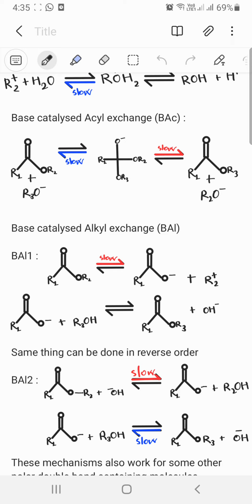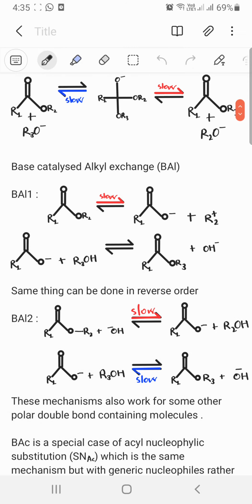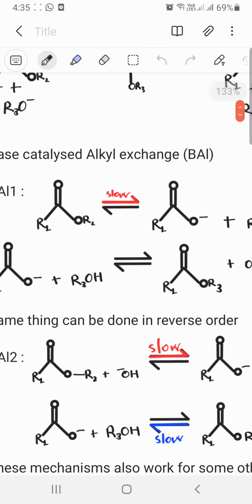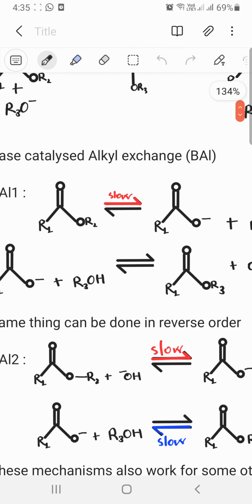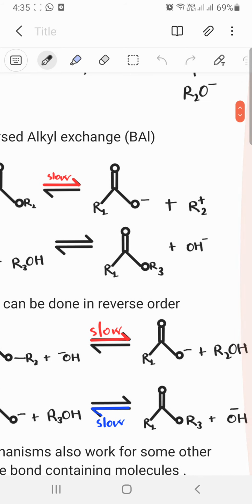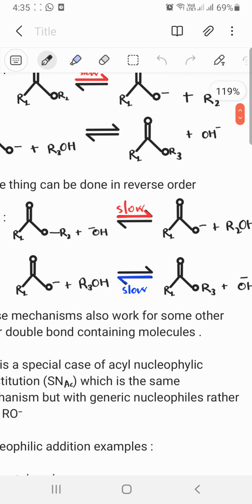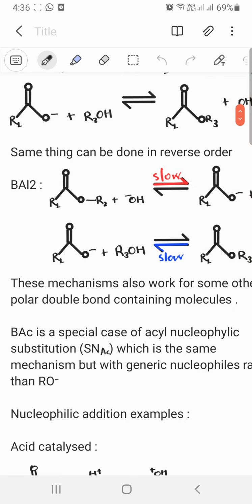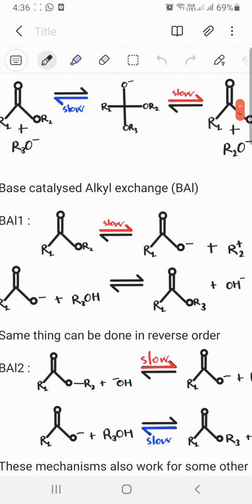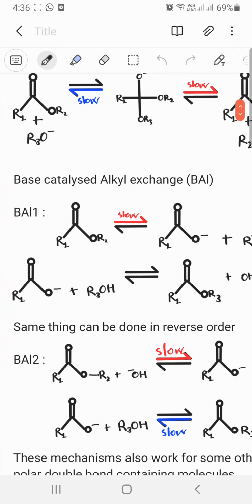base catalyzed alkyl exchange. Okay, so that's like SN2 basically, pretty much like that. Oh no, wait, this is like SN1 and this thing is like SN2. BAL2 is SN2 and this thing is SN1, right?